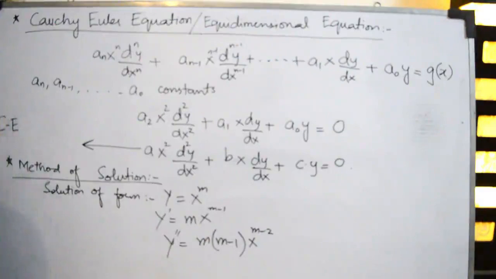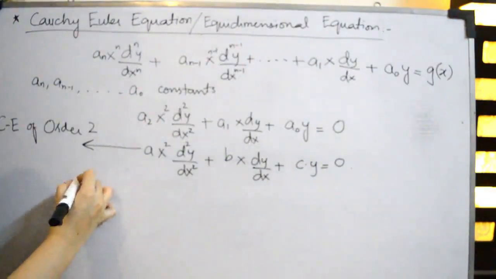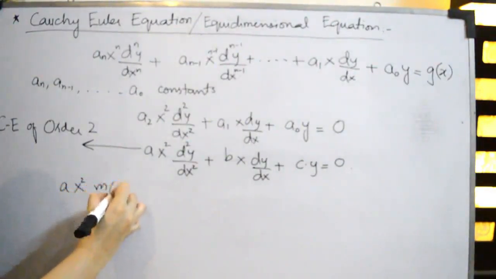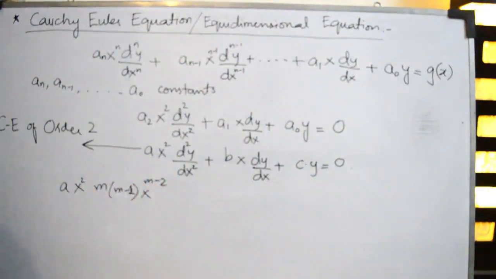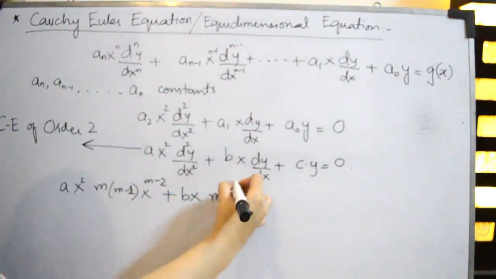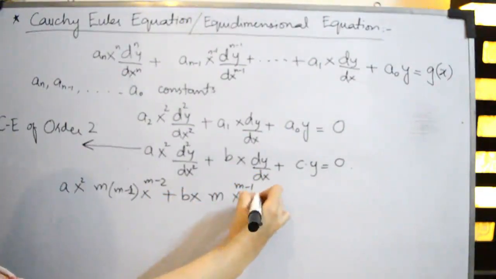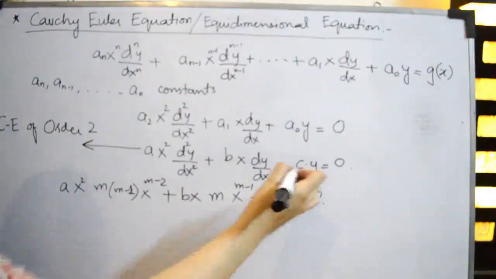Replacing y'', it becomes a x^2 m(m-1) x^{m-2} + b x m x^{m-1} + c x^m = 0.